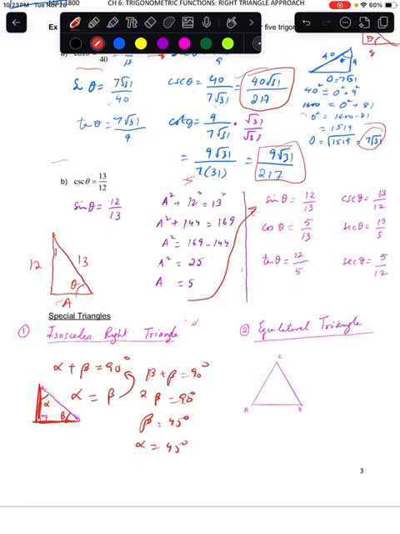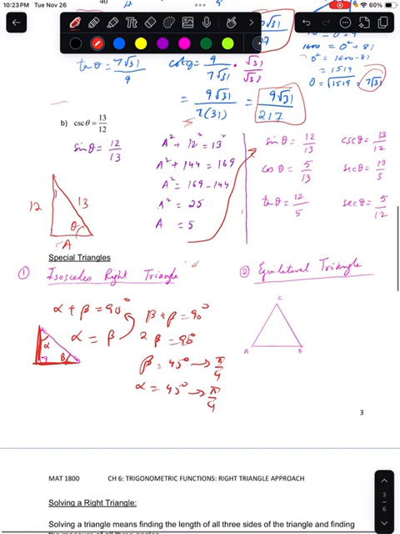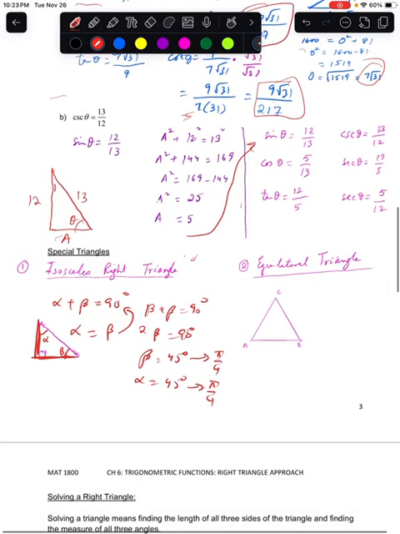So this angle alpha or beta is the same as pi over 4. And so now what do we do with this information? We can now find cosine of pi over 4, sine of pi over 4, and all the other ratios for pi over 4.